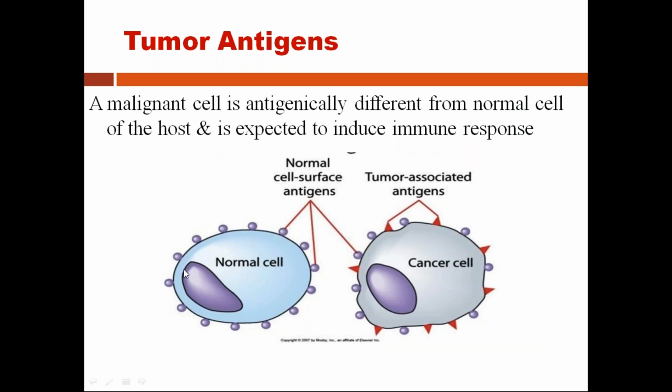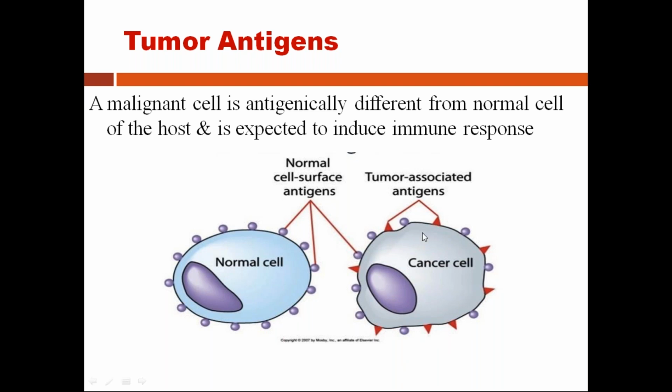Now, this is the normal cell. Normal cells express normal antigens on their surface. Now, when this normal cell is transformed into a neoplastic cell or a malignant cell, this malignant cell expresses new abnormal antigens on the cell surface.